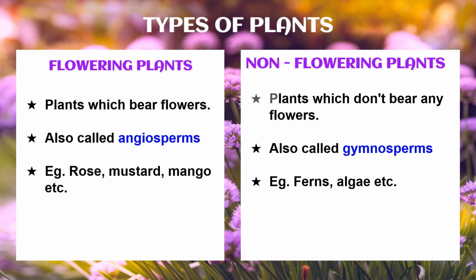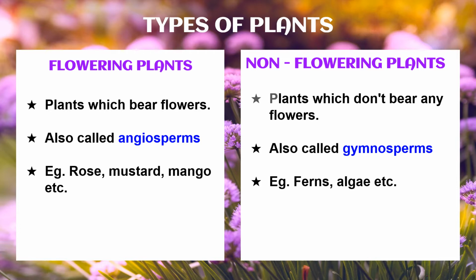Different types of plants: flowering plants and non-flowering plants. Students, plants which bear flowers are known as angiosperms and non-flowering plants are called gymnosperms. We all know that flowers are the reproductive part of a plant and it is necessary for reproduction in plants.